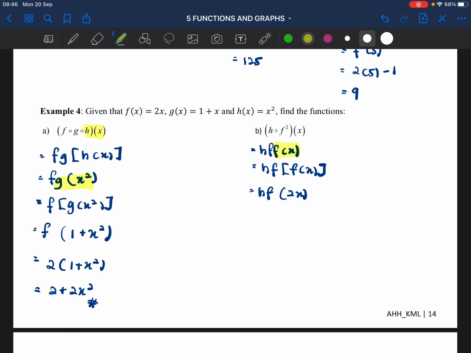The next one is we have f(x), but our x is 2x, so you have to substitute 2x into x here. So we will have h(2 times 2x), which gives h(4x). Now substitute 4x into h, we will have 4x squared. Here the answer will be 16x squared.